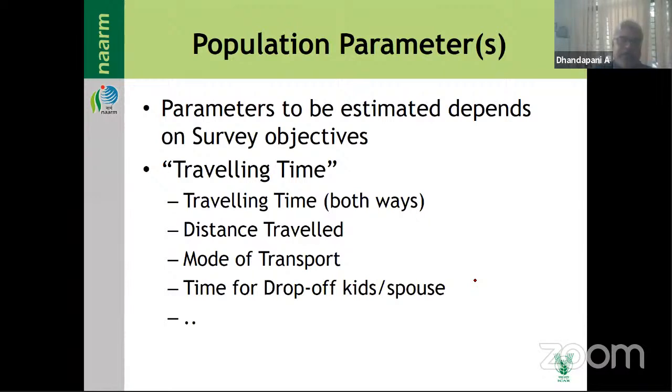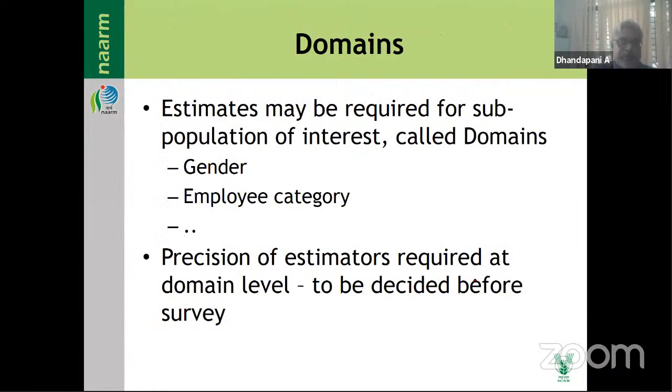And some of them will be the profile of these people. So all these things you need to list out, that these are the things which I will be collecting, and I have to compute them, because these are the ones which will go into your schedule or a questionnaire.